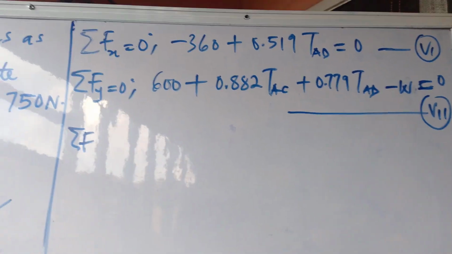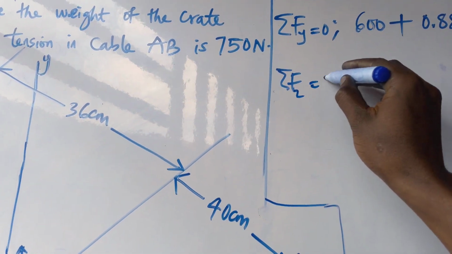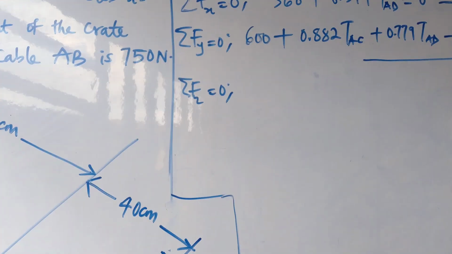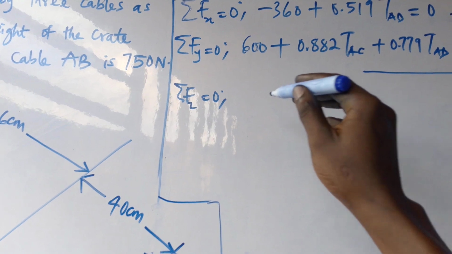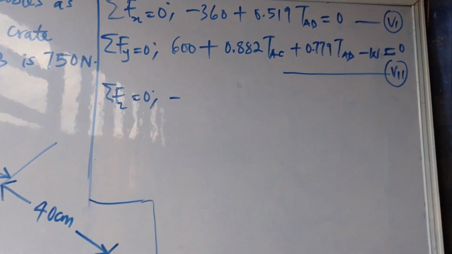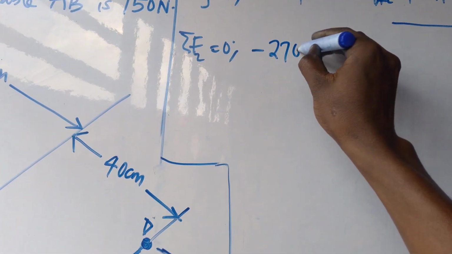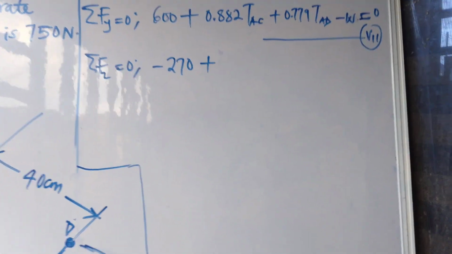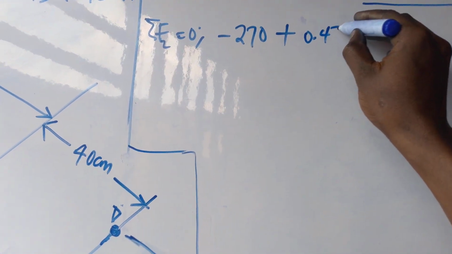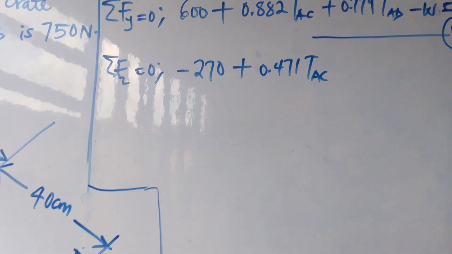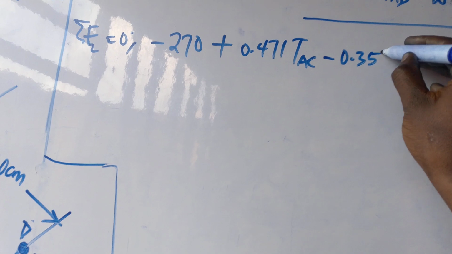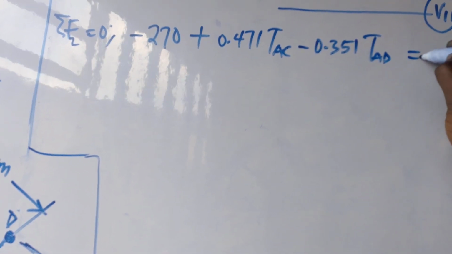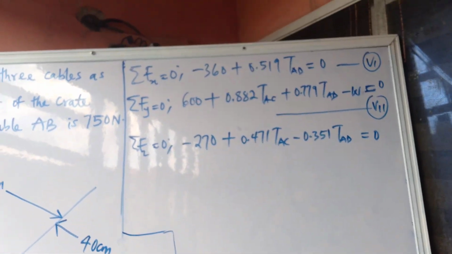If sigma Fz is 0, it means we'll be having minus 270 plus 0.471 TAC minus 0.351 TAD equals 0.